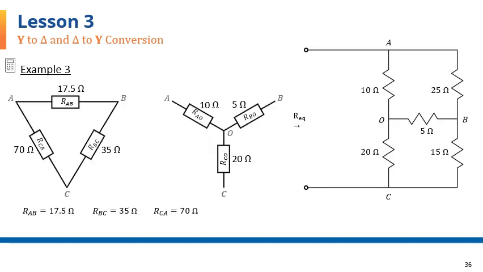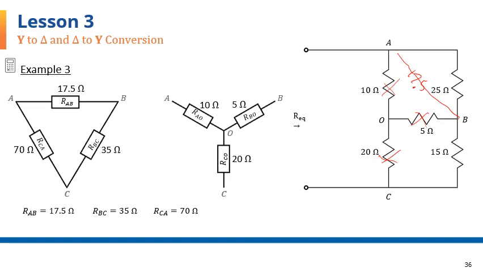So back here, between the points A, B, and C, we can replace these three by taking them out and putting these resistors in their place between AB, BC, and AC. So between A and B goes 17.5. I'm just going to draw a line instead of a resistor, but this represents a resistance of 17.5.